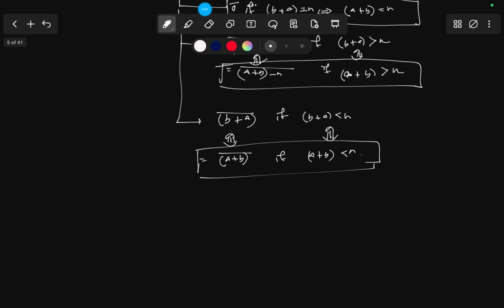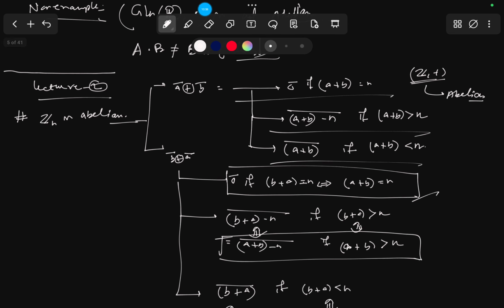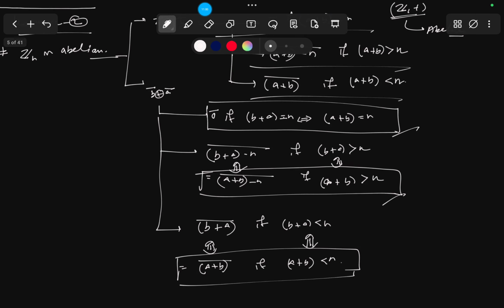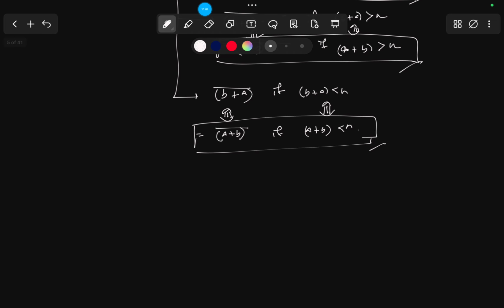So you can easily see that all these conditions are equivalent. So we can write that a bar modulo addition to b bar is the same as b bar modulo addition to a bar. This is because Z plus is abelian. This is a key idea.